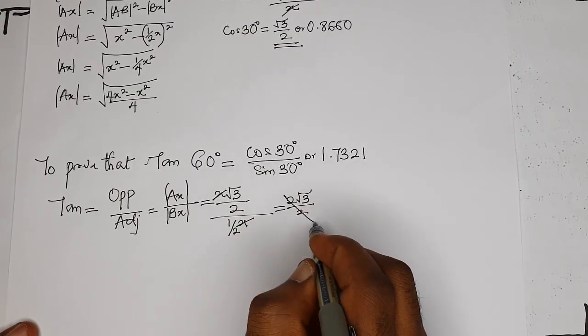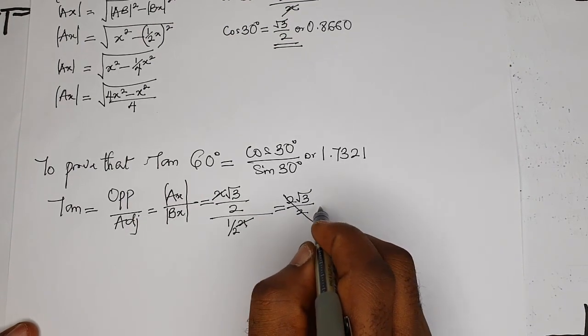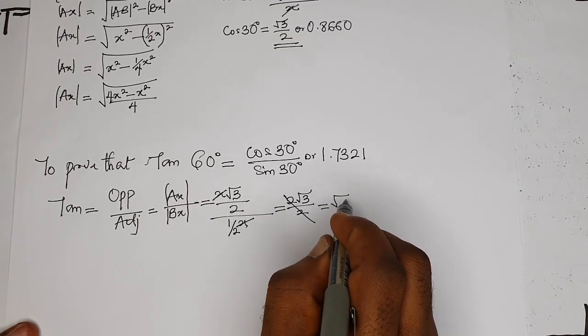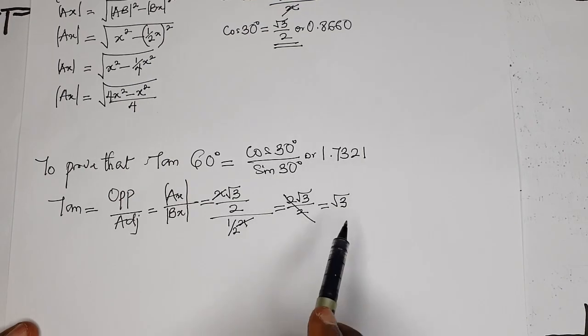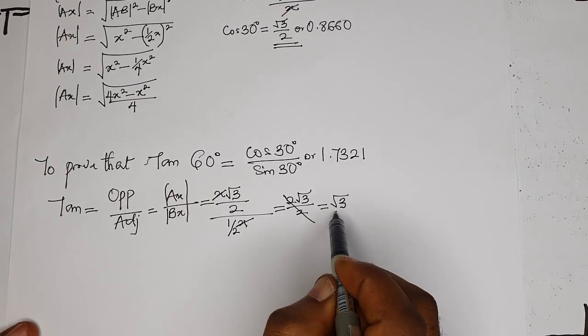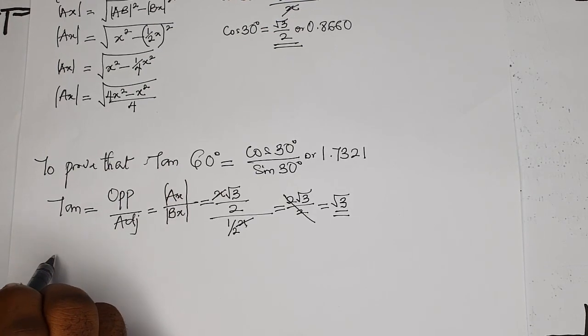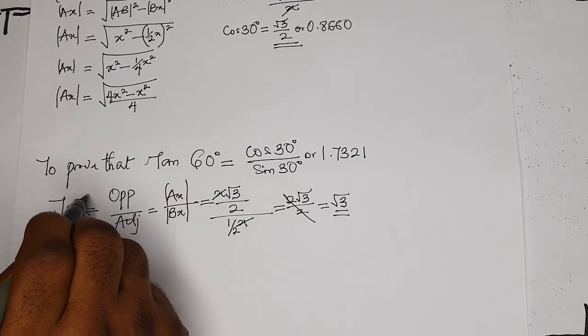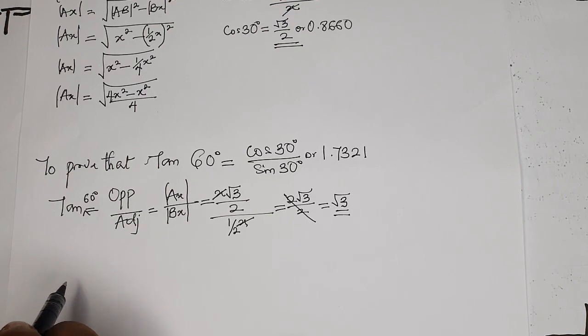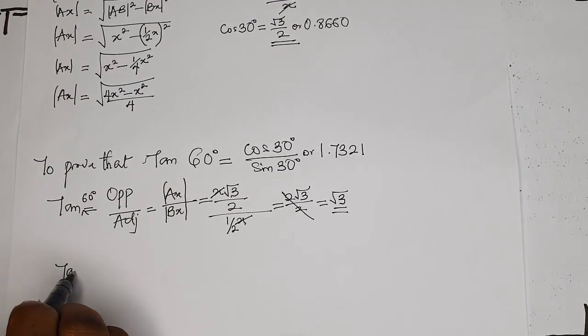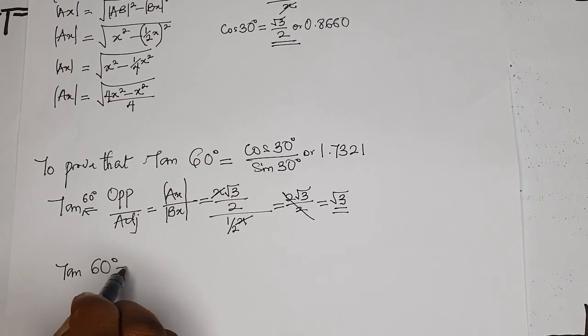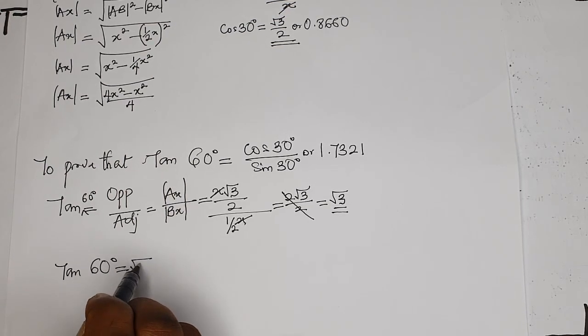And when cancelled further, as a way of simplifying, our answer ends being the root of 3. Now, take a look at this. This is the root of 3. So we can say that tan 60 degree, take note of that, tan 60 degree is equal to the square root of 3.